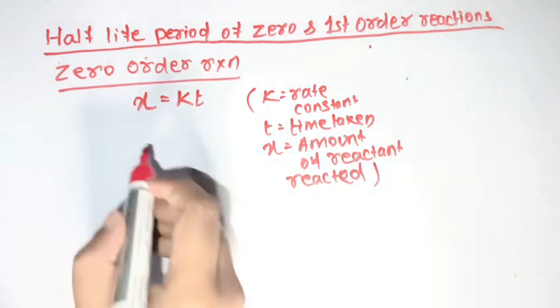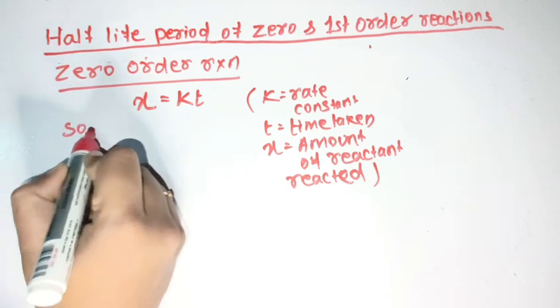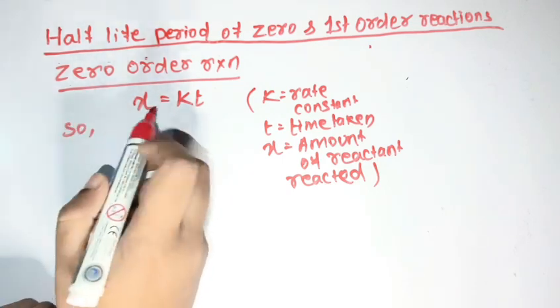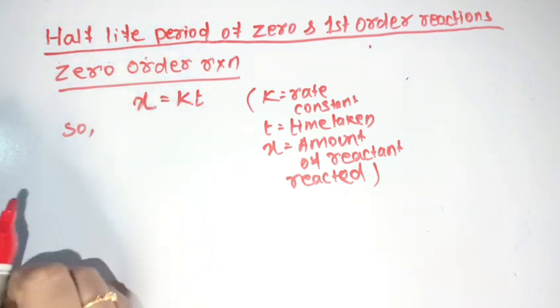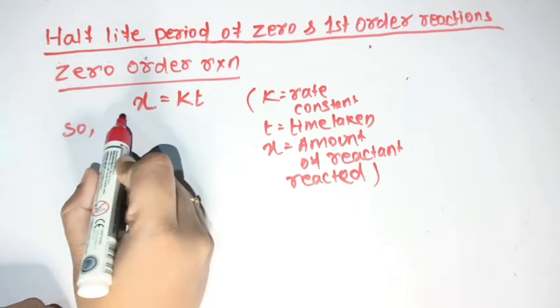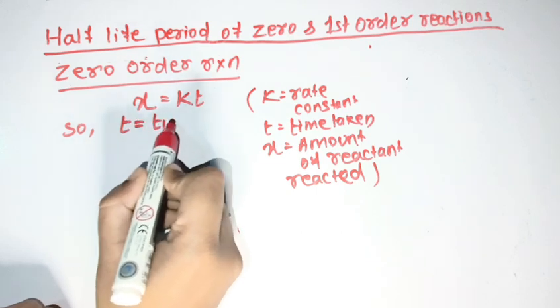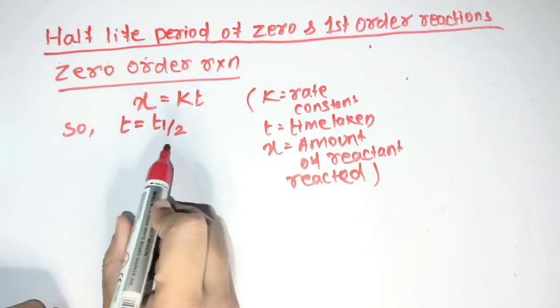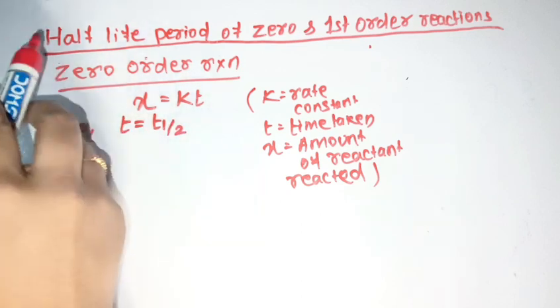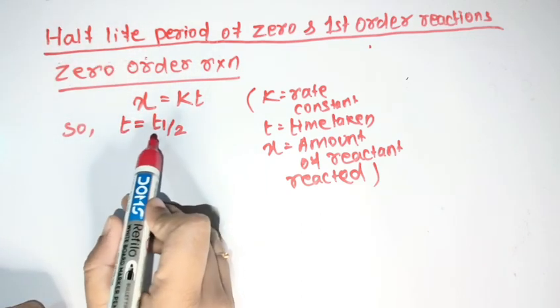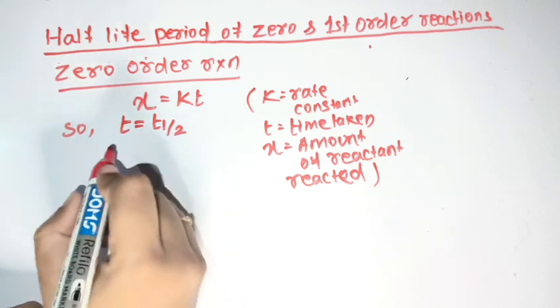So for half-life period, we know that half-life is the time taken by the reactant to decrease to half of its initial concentration. So in this case, t will be t half. Since we are calculating half-life period, we are denoting it as t half.